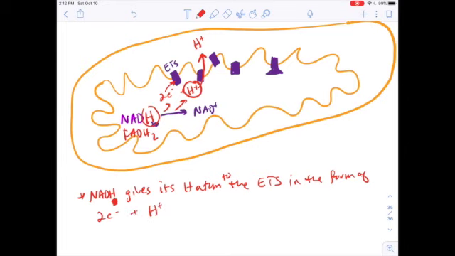And FADH2 will give it in the form of 2 electrons and 2 protons. But let's just focus on NADH right now. So NADH and FADH2.